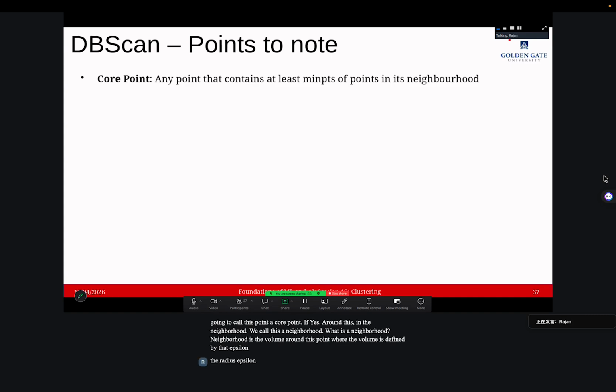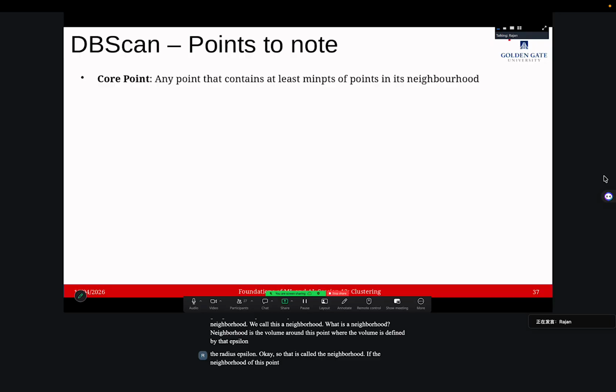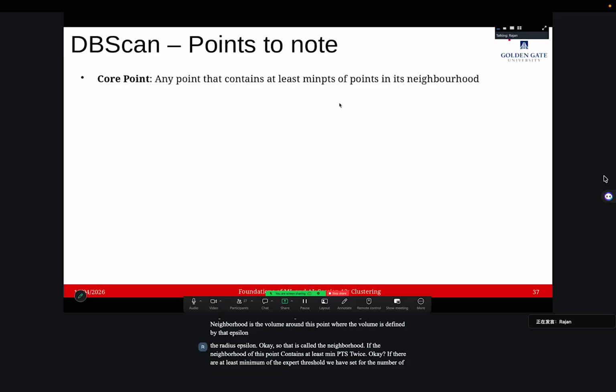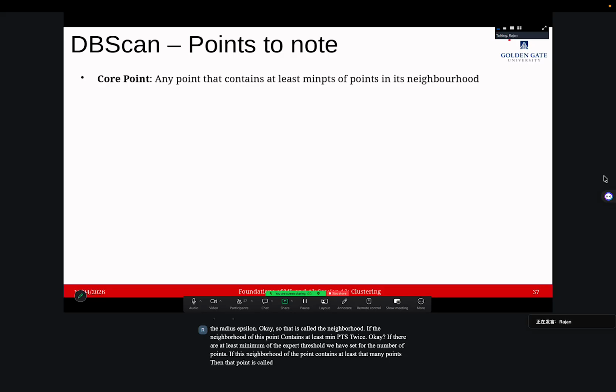If the neighborhood of this point contains at least min points, at least the minimum threshold we have set for the number of points, then that point is called a core point.